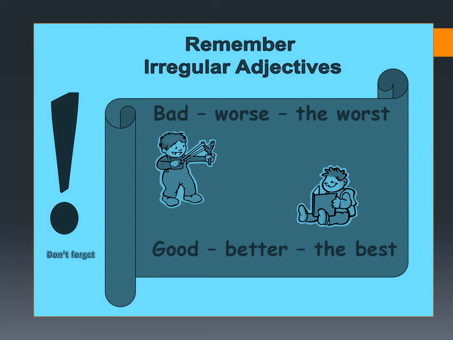But in some cases, children, we cannot do even that. We cannot use more or most, and we cannot change the positive form of the word into er or est forms. So they are called as irregular adjectives.